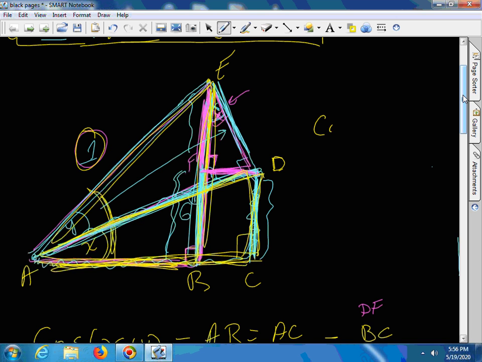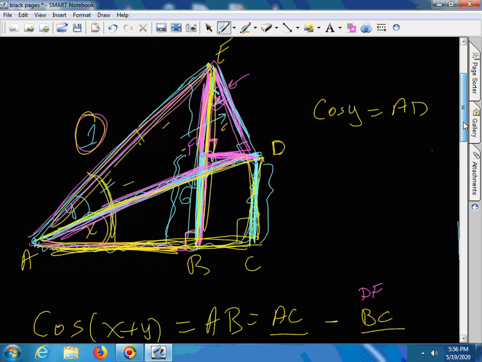If you look at the cosine of y, it's AD over 1. Look at this top triangle, including this. Let me show it. This top triangle, ADE back to A. Cosine of y is just AD.